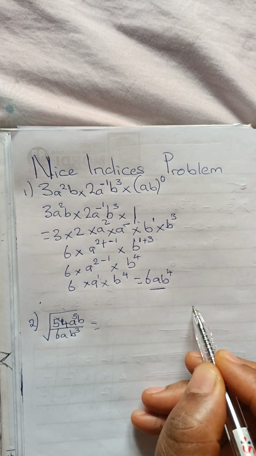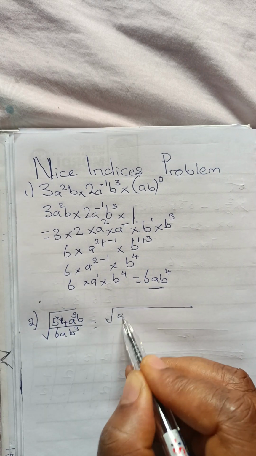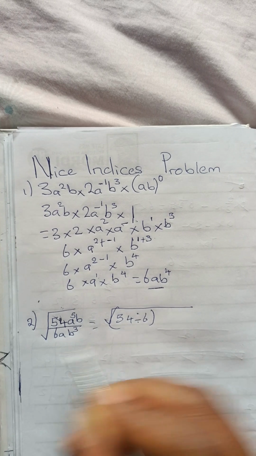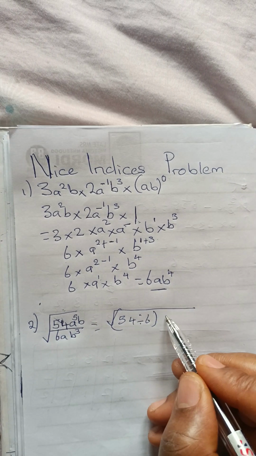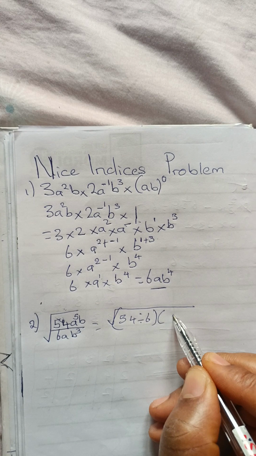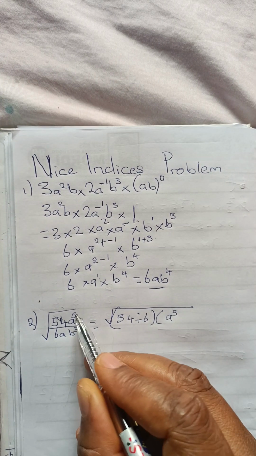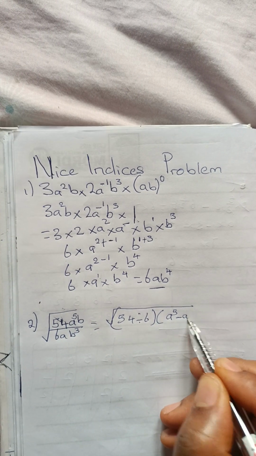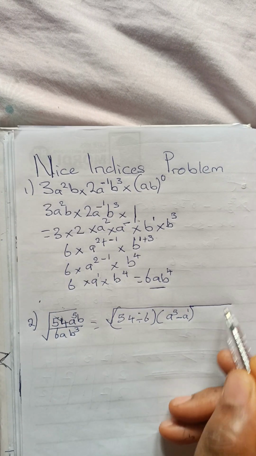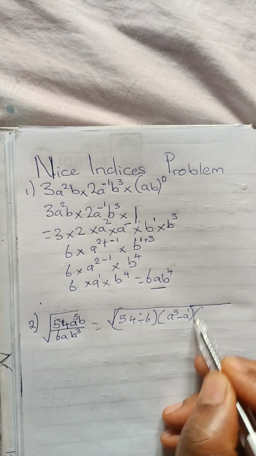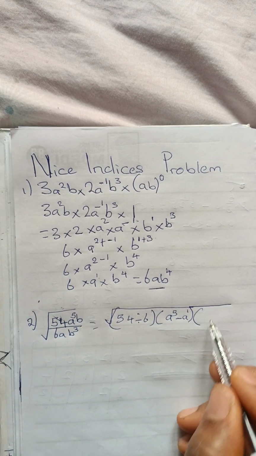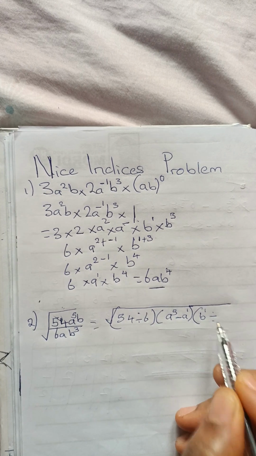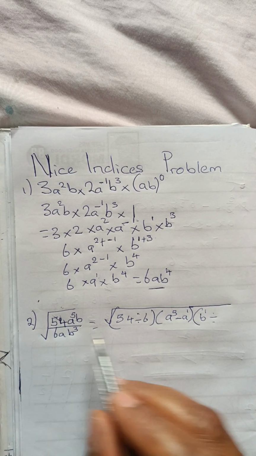Is equal to the square root of 54 a to the power of 5 b to the power of 1 divided by 6, the division, divide by 6, a raised to the power of 5, this a, divide by this a raised to the power of 1, bracket close, and then another bracket, b raised to the power of 1, b1, divide by b raised to the power of 3.